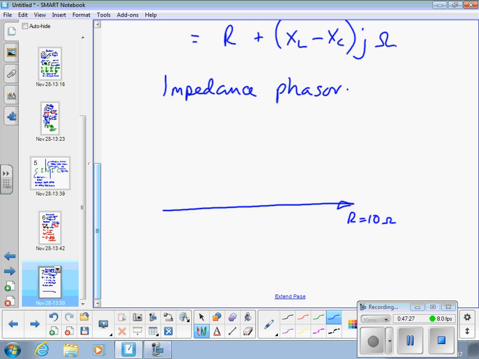We've got R equal to 10 ohms. XL equal to 8 ohms.